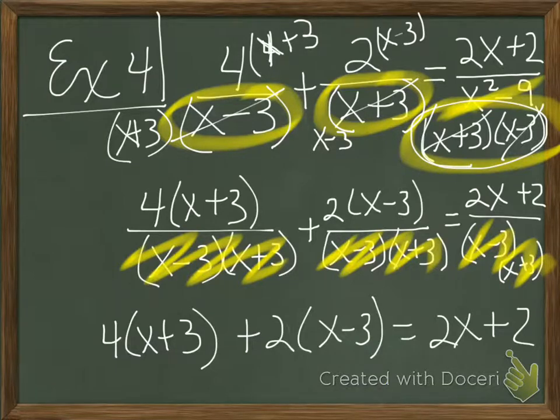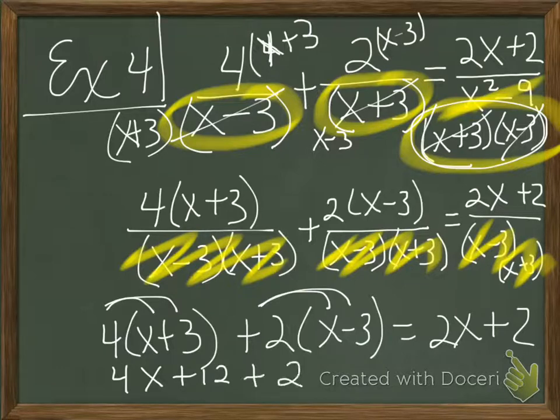So into the next step, I want to distribute my 4 and my 2. So that should give me 4x plus 12 plus 2x minus 6 equals 2x plus 2. And I'm going to combine my like terms.